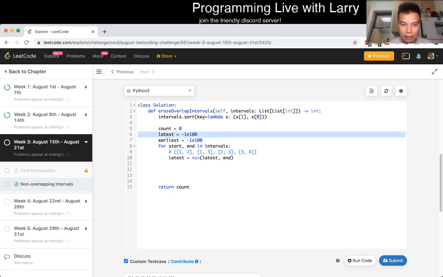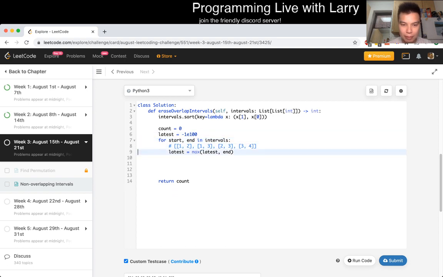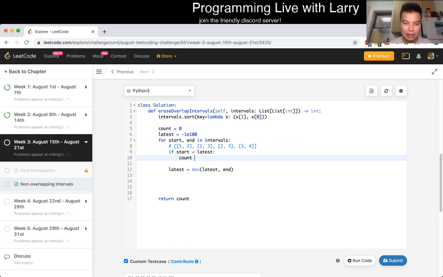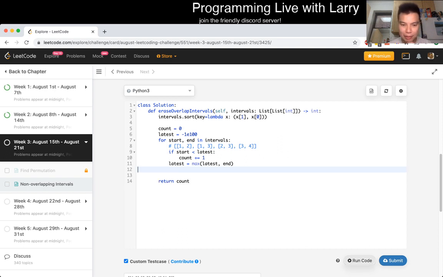Maybe we don't have to keep earliest. Well, let's check that first. If this start is less than, strictly less than, the previous latest, that means that we have to remove this thing, and after that we just keep track of the latest that way, and maybe that's it.